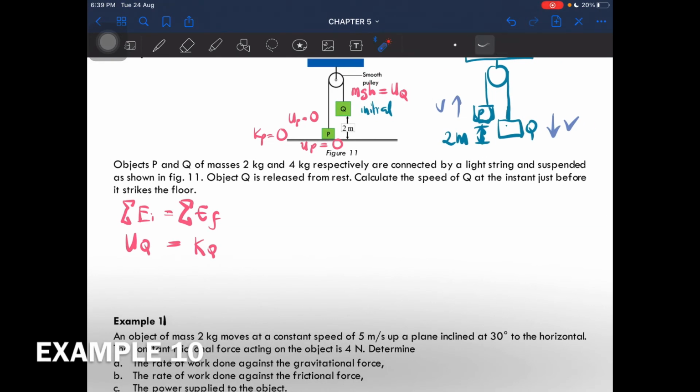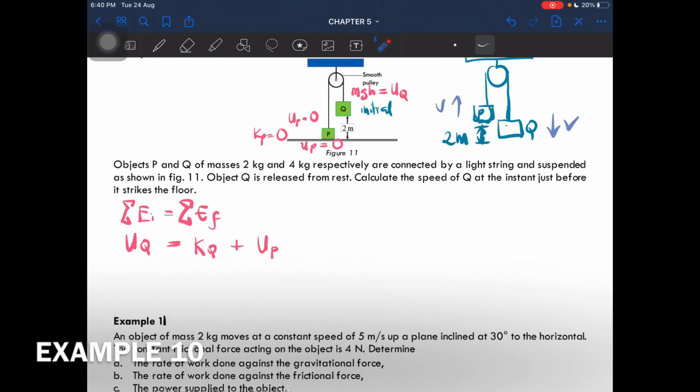We look at block P. Block P moves from 0 to a height of 2 meters. So this 2 meters here means it has gravitational potential energy. Sorry, block P, UP. Because P moves up, there is a gravitational potential energy which we call UP.